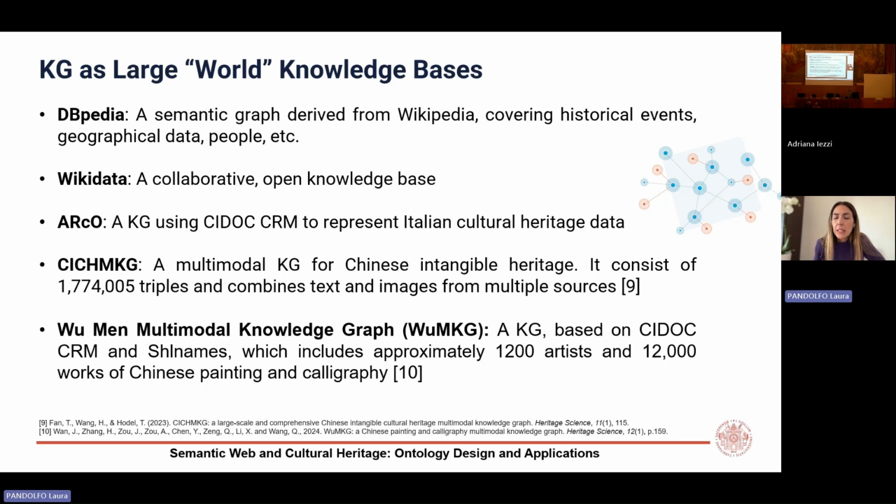The last one is called the Women Multimodal Knowledge Graph and is based on an ontology named Chinese Painting and Calligraphy, which is built on CIDOC CRM, that includes more than 1,000 artists and 12,000 works of Chinese painting and calligraphy.